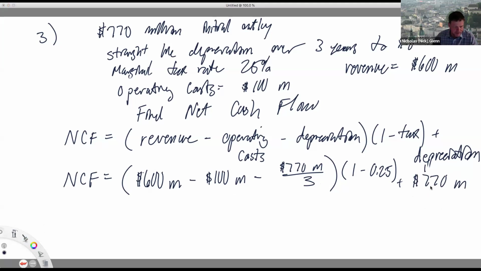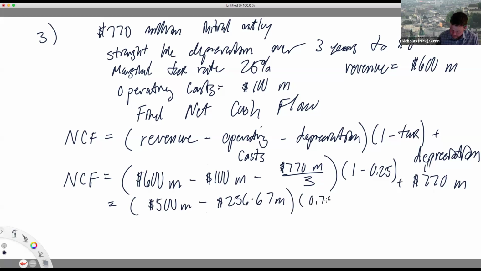All right, now let's calculate what we have. Inside here, 600 million minus 100 million is 500 million. How much are we using for depreciation for the year? 770 million divided by 3 is 256.67 million.